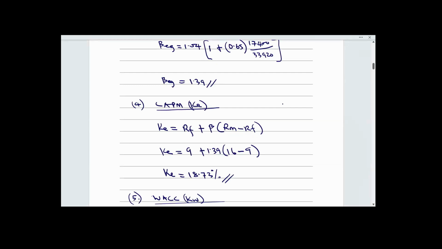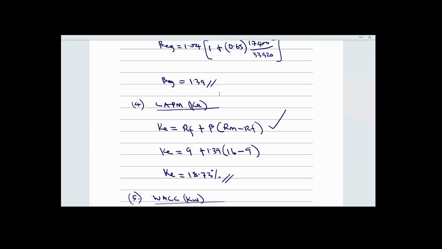So slot into the formula, we got 18.73. Okay, sir. So whenever you want to calculate it, this is the formula for the capital asset pricing model: risk-free rate of return plus beta multiplied by market return minus risk-free rate of return. Okay, it's clear now, thank you, sir. Ogechi? Yeah, it's better now. Thank you, sir. All right then.